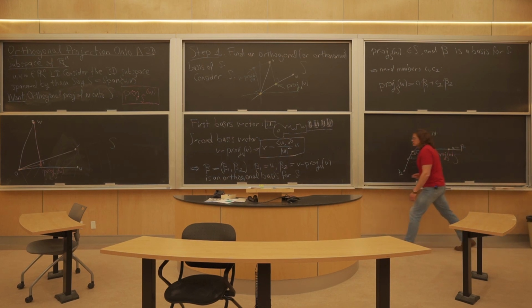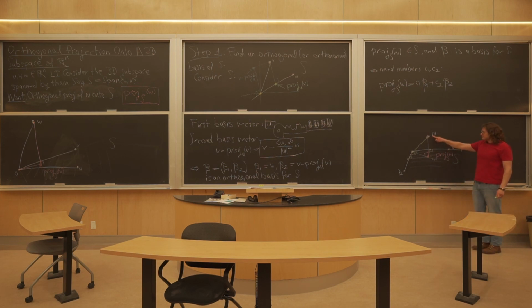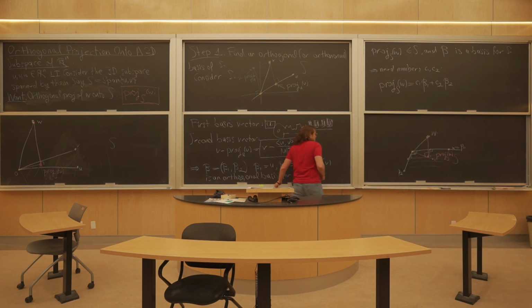Okay? Maybe this is hard to see, but if you think about it, I can certainly take this W and project it onto beta 2, and this angle is going to be 90 degrees. And if I were to take W and project it onto beta 1, that's going to be 90 degrees as well, which means that I know the formulas for these vectors.